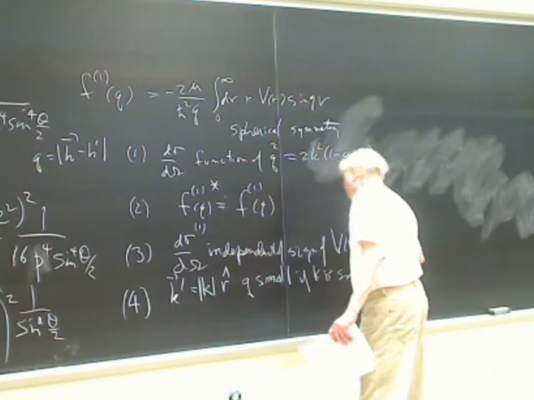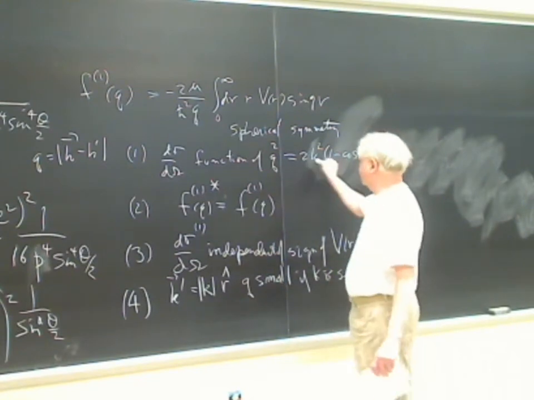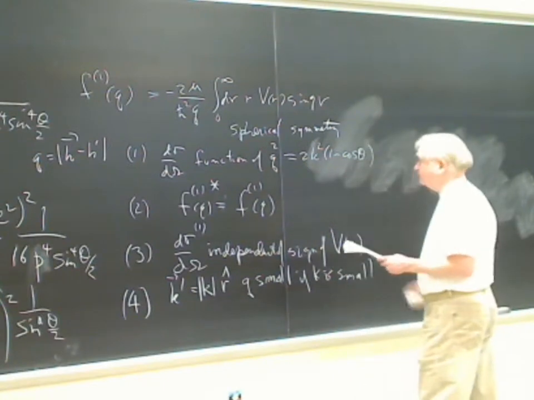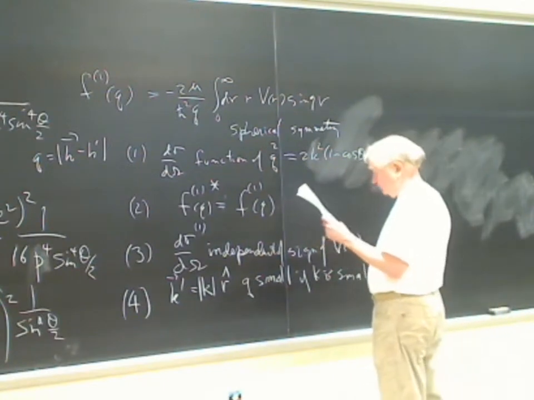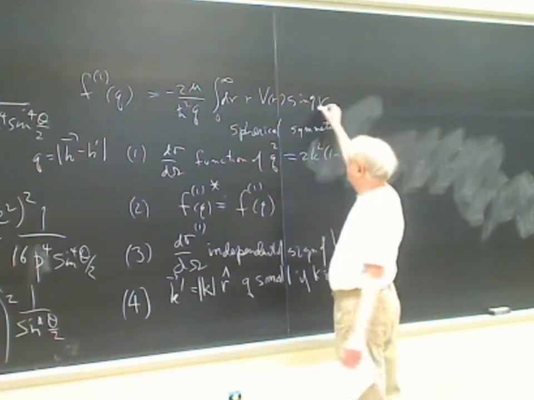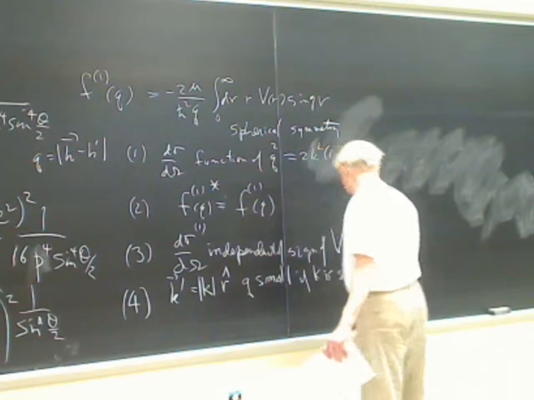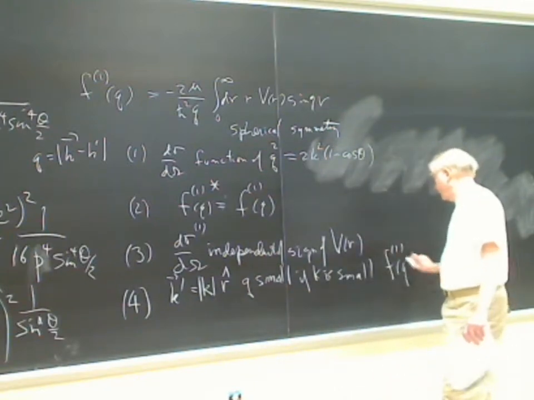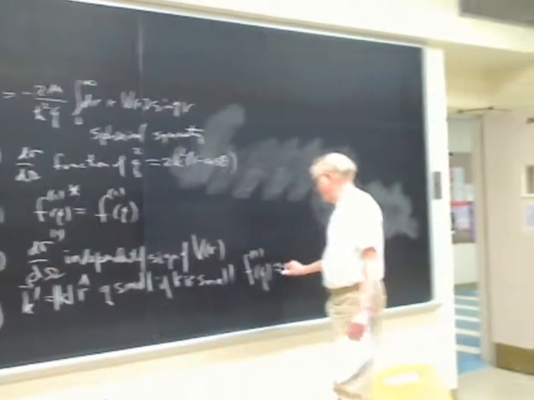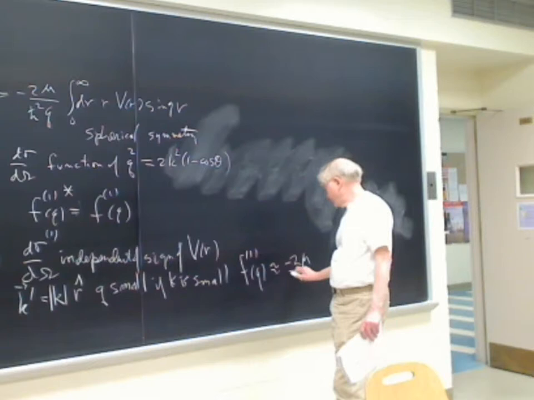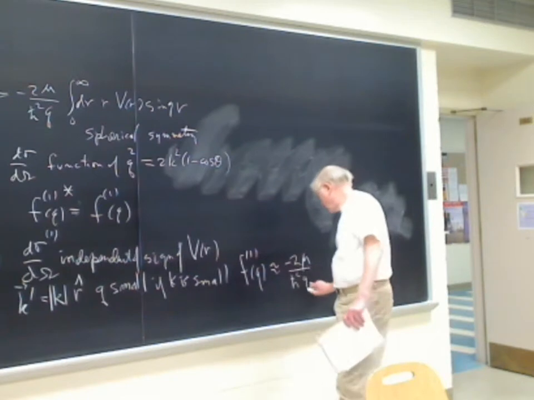So in other words, for low energies, obviously from this expression, q is small. And so for low energies, F1 of q is approximately minus 2 mu over h bar squared q.